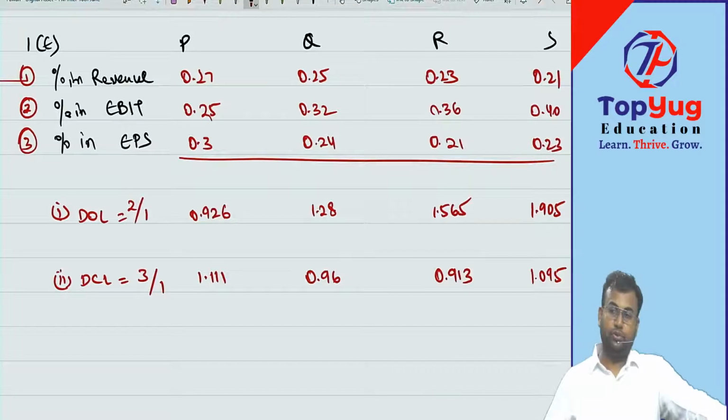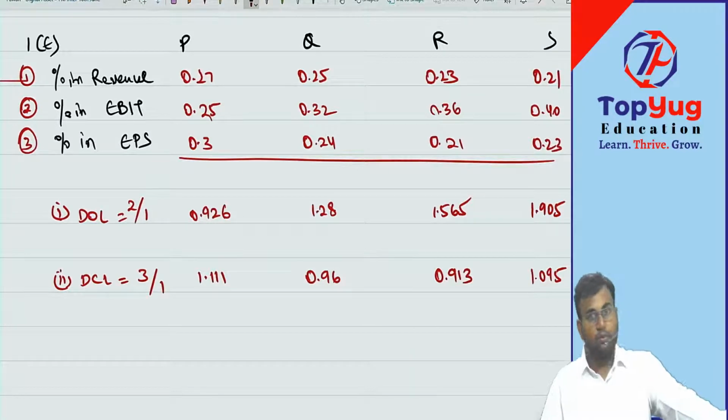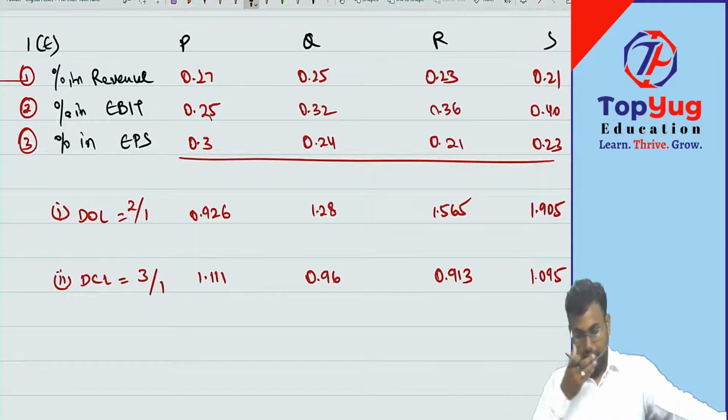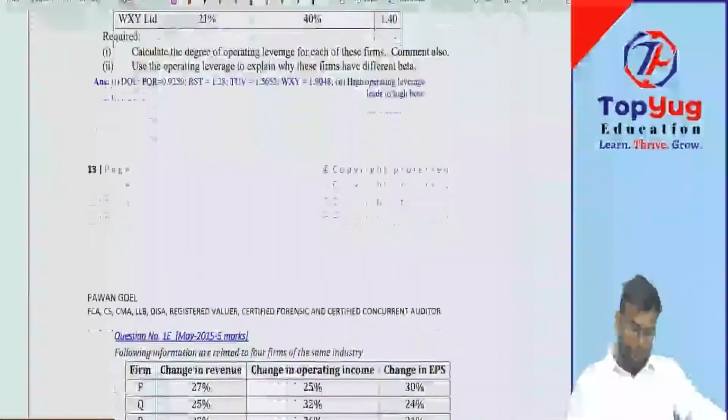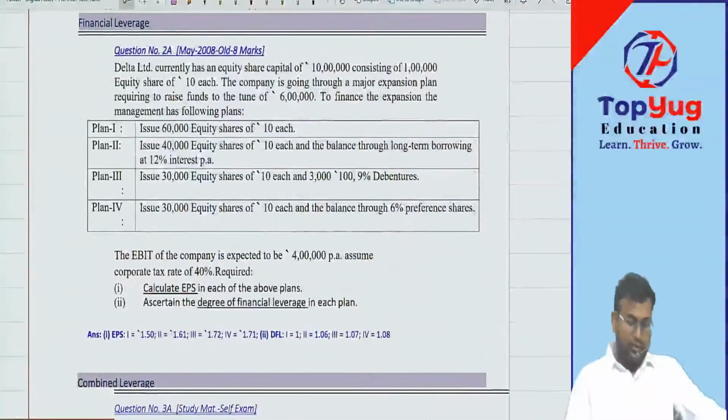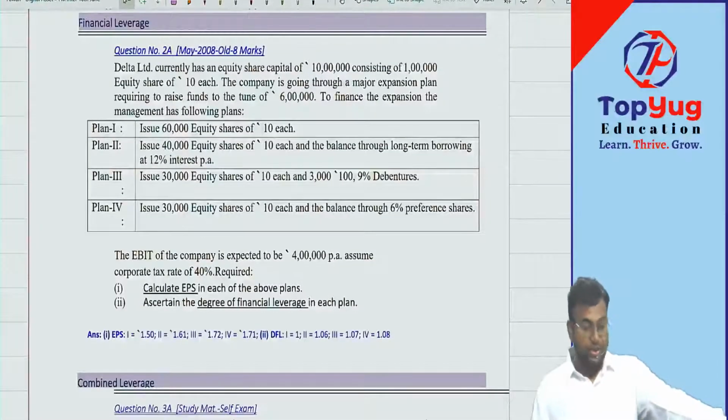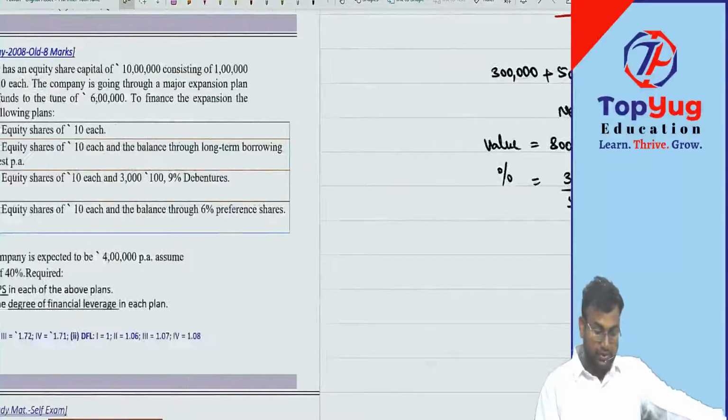So I believe so far we are very comfortable with operating leverage, right? Okay. Can we move on? Now next one, financial leverage.